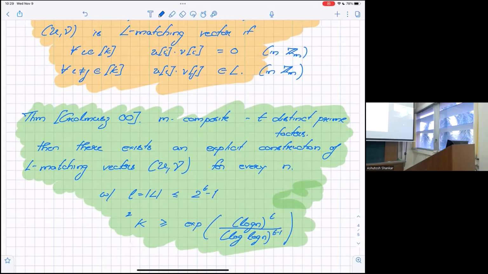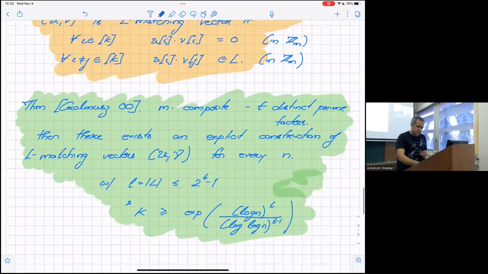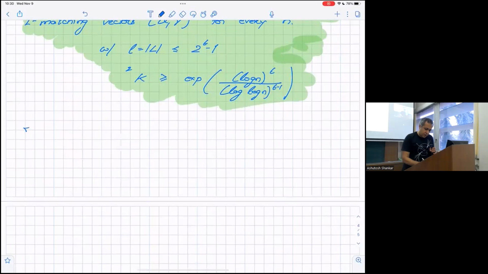Then for every possible n, I can get a large number of matching vectors, k exponential in this quantity, such that the non-matched guys all go to only 2 power t minus 1 locations. We'll come to this later, but from this construction we will construct Efremenko's main theorem, which is the following.